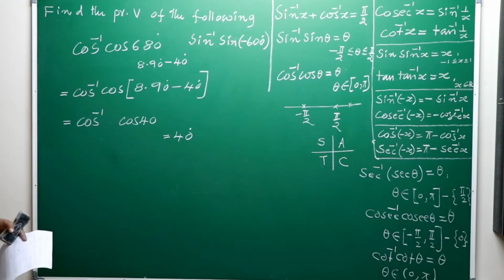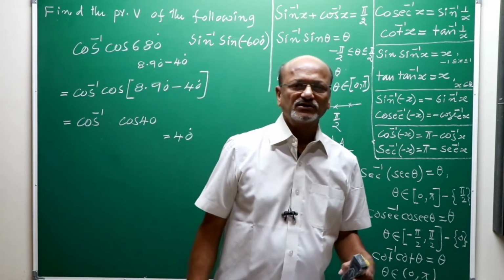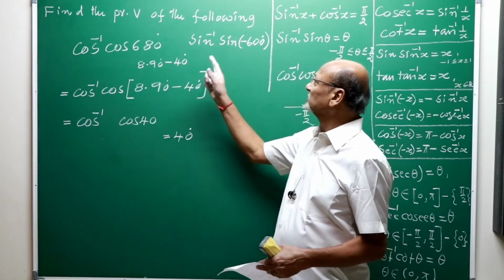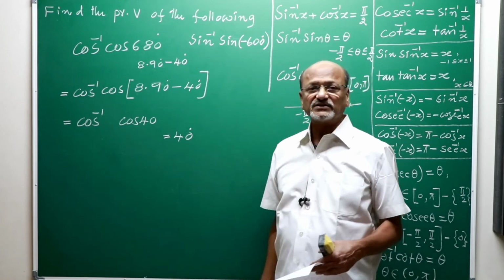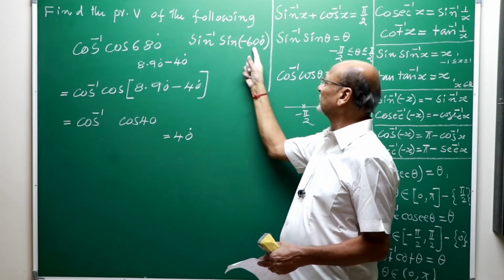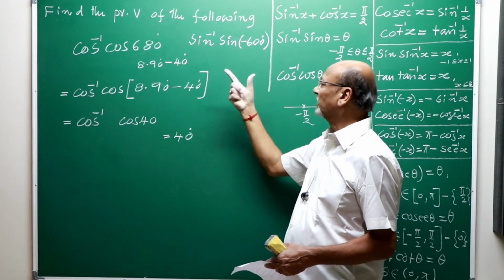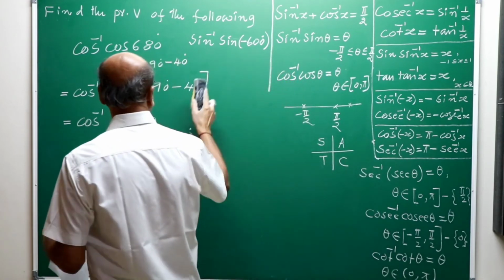It is also a good example of objective type, even 1 mark, 2 mark questions. It all depends upon the examiners. My friends, first you have to make use of sine of minus theta. What is sine of minus theta? Minus sine theta. After writing that, express 600 by using allied angle between minus 90 and plus 90.